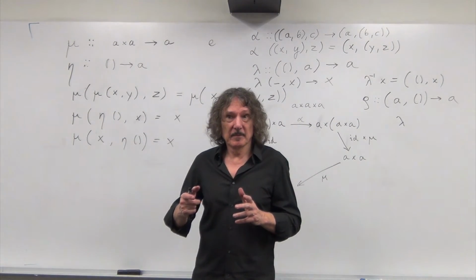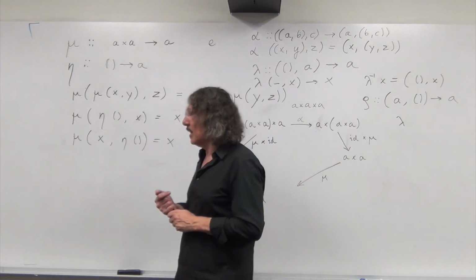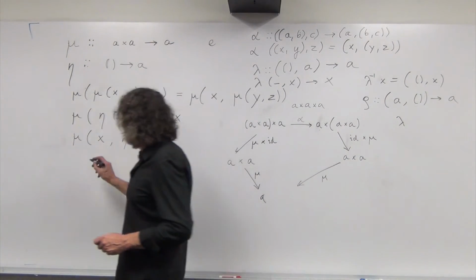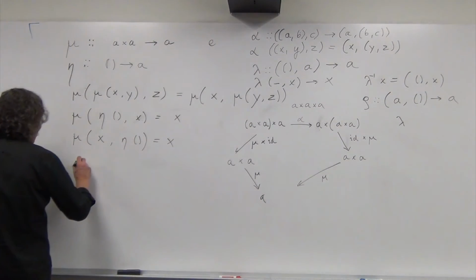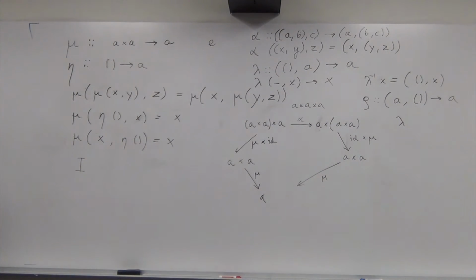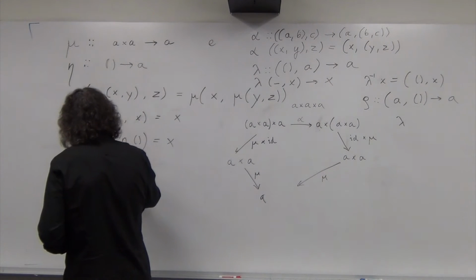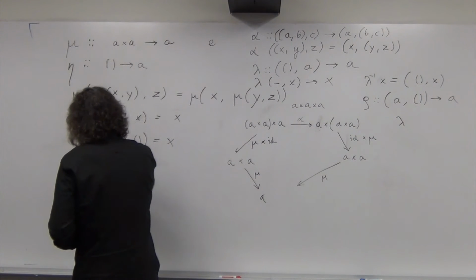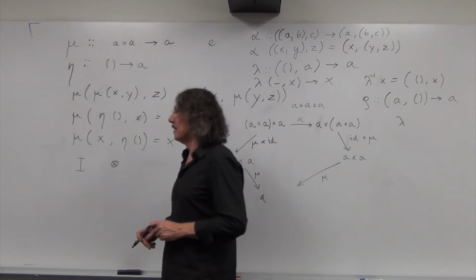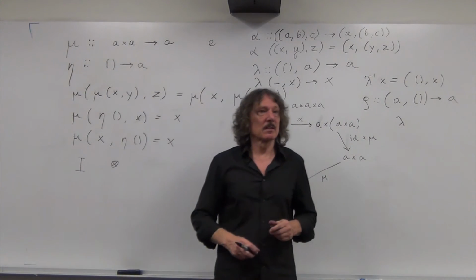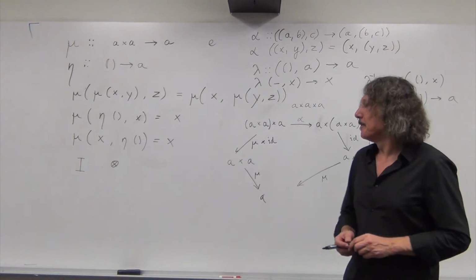So in general, a monoidal category has a bifunctor like this and an object I, which is called the unit object.